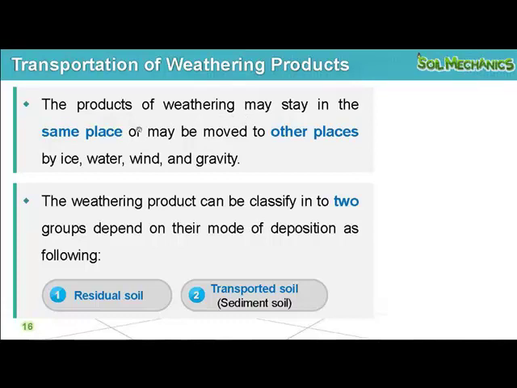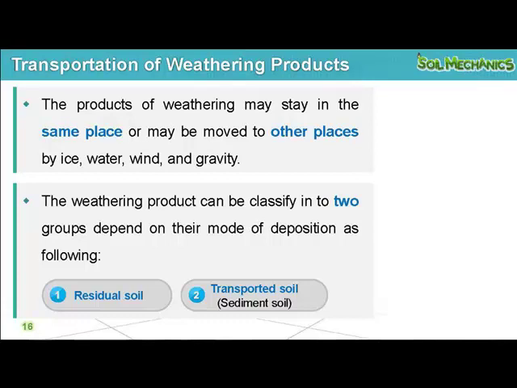The product of weathering may stay in the same place or may be moved to another place by ice, water, wind, and gravity.